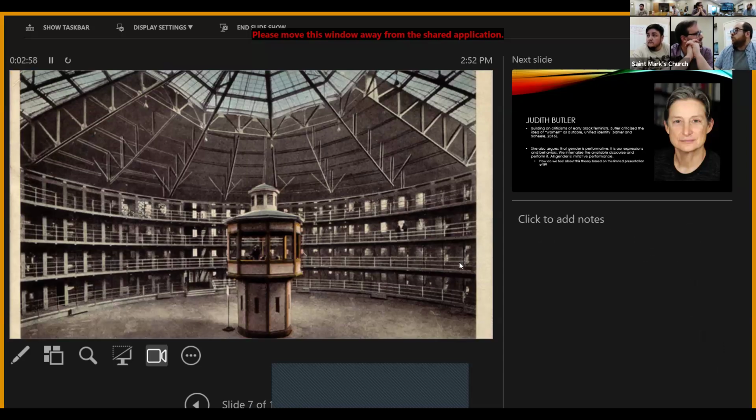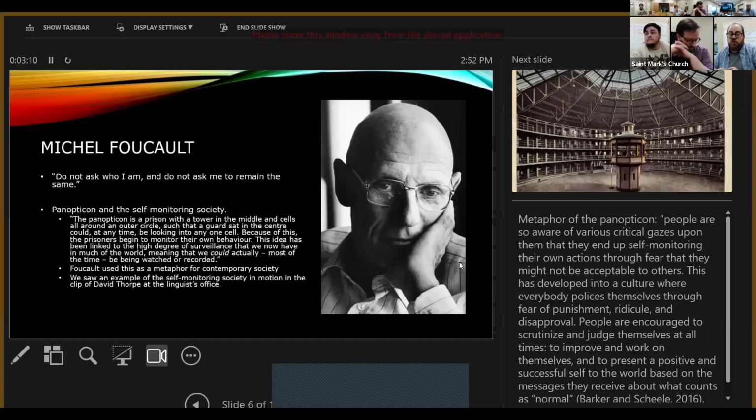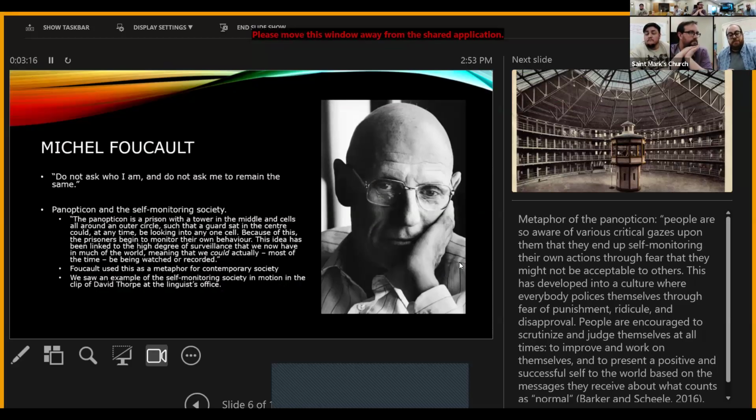You can see there's this tower in the middle, and all around in a circle are cells. This is a real type of prison that existed in history. Basically, at any one time the guard in the center can look out into any cell.